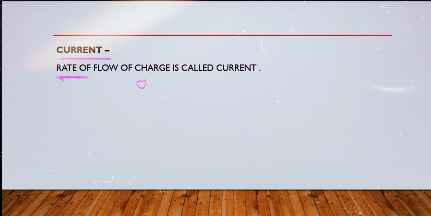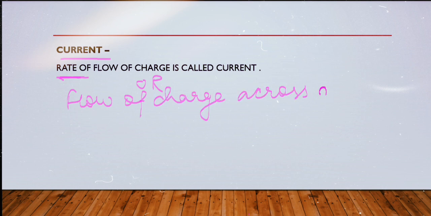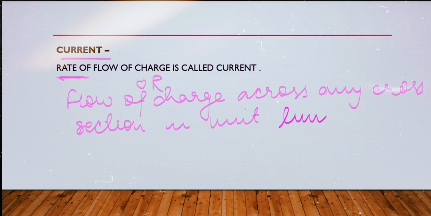It can also be written as the flow of charge across any cross section in unit time. Unit time is nothing other than 1 second. We know the unit of time is, of course, second.